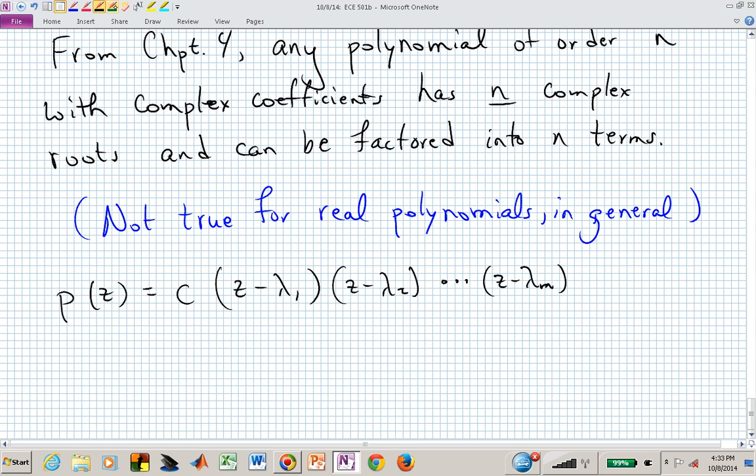where m was the highest power, or the largest coefficient of the highest power of z that was non-zero. So we really only have m of an nth order polynomial.